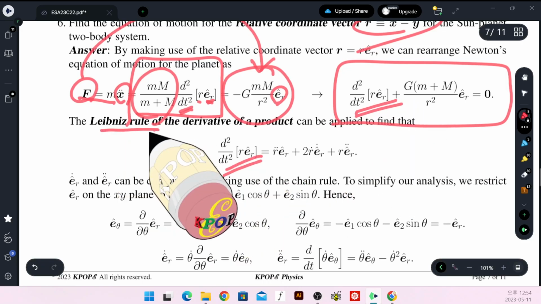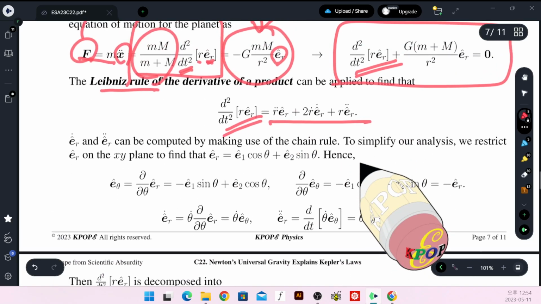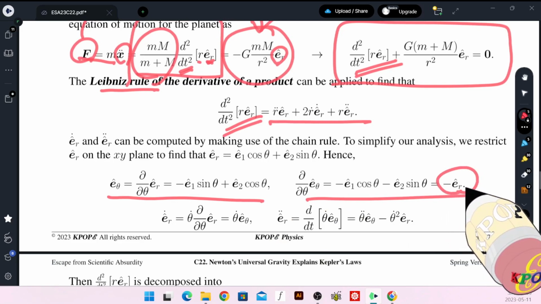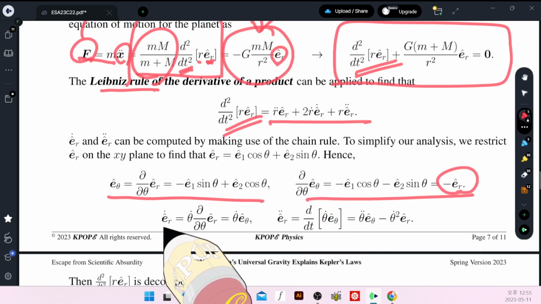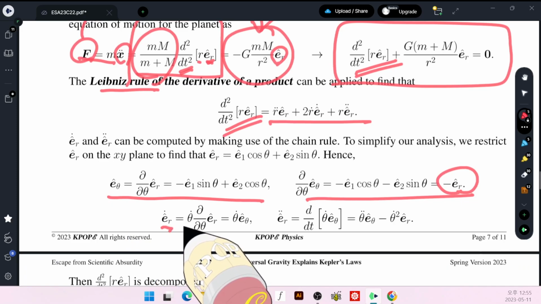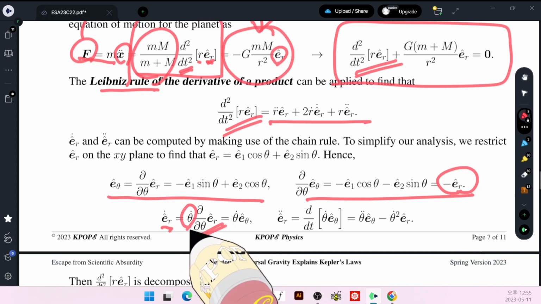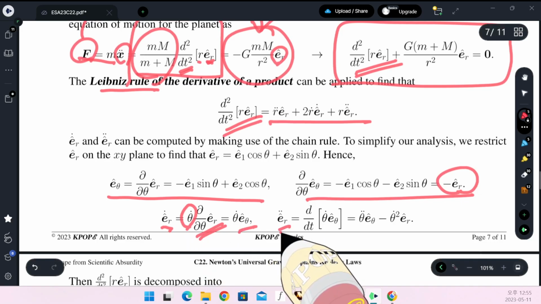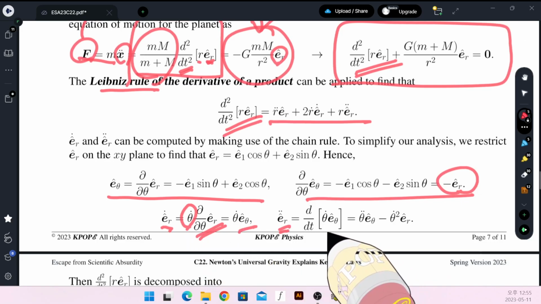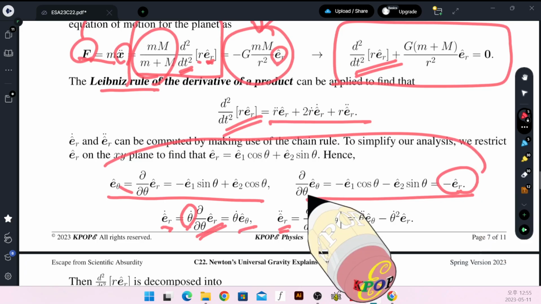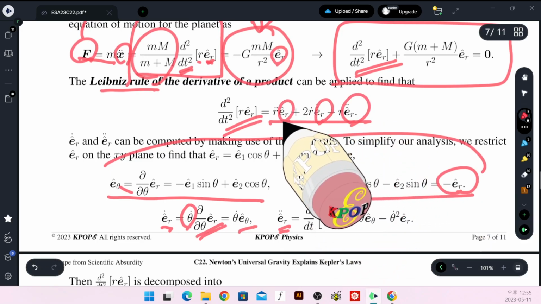We apply the Leibniz rule to find this, and we remember e_theta and its derivative is opposite to the unit radial vector. And again, we can take the time derivative by making use of the chain rule: the angular derivative, and then the time derivative of the angle. In a similar manner, I can compute the second order derivative using all of these formulas, and then we substitute the values for these three.